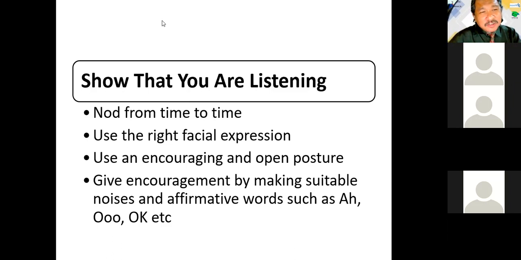We just use emoticons, smiley faces, crying face, laughing face, angry face, stickers. So we let the stickers and emoticons speak on our behalf. We don't even type. Can you imagine the next generation after us, how they will be communicating? They'll be communicating using stickers and emoticons only.